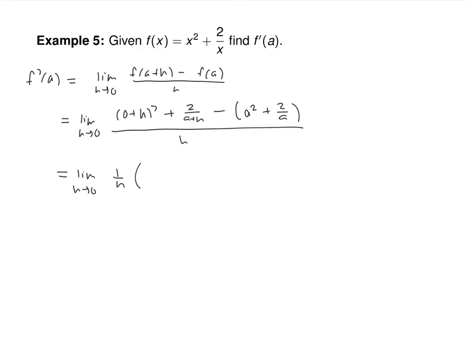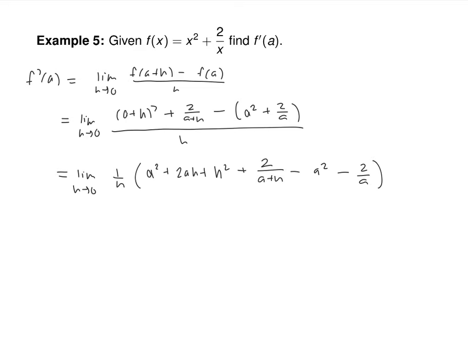So then a plus h squared is a squared plus 2ah plus h squared. Good. Plus 2 over a plus h minus a squared minus 2 over a. And unfortunately not a lot cancels.